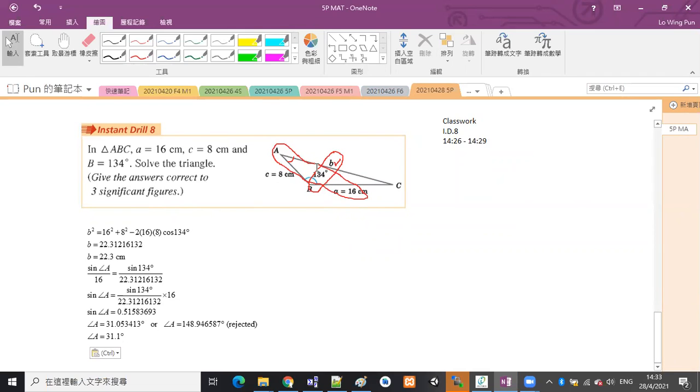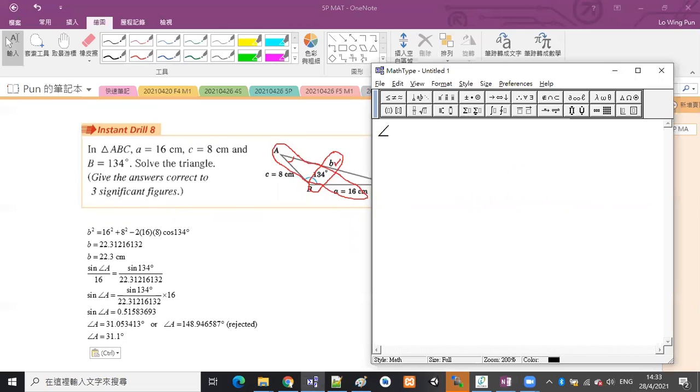And we still need to find angle C, but angle C will be very easy. So angle C is 180 degrees minus angle B, that is 134 degrees, minus angle A. And we are going to use the more accurate number.